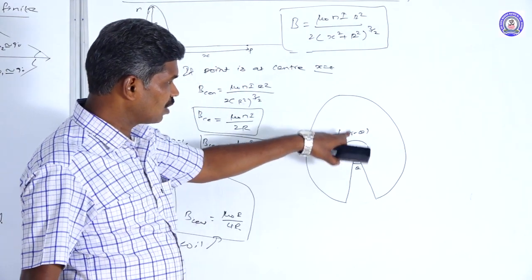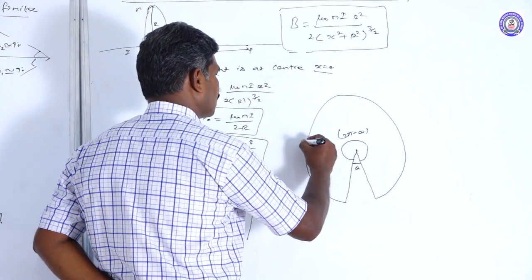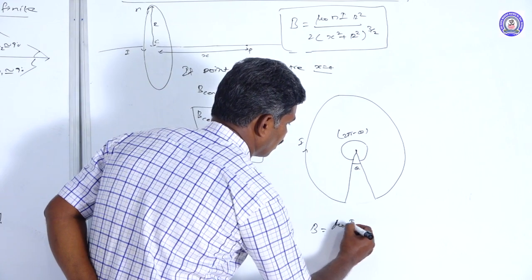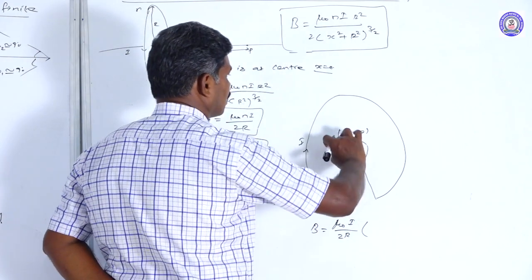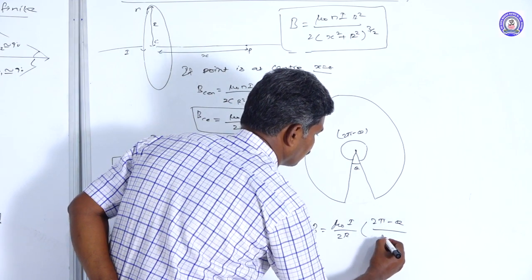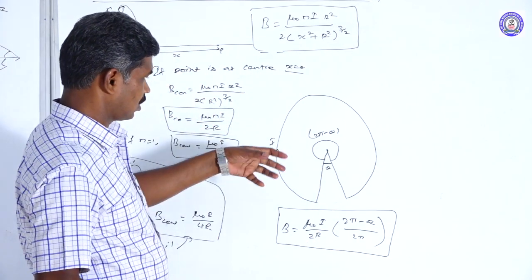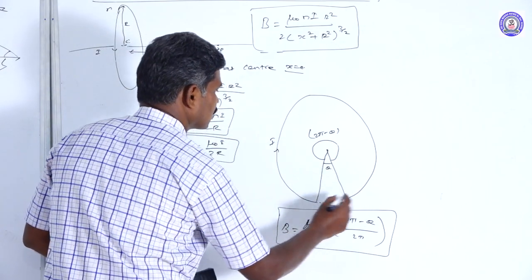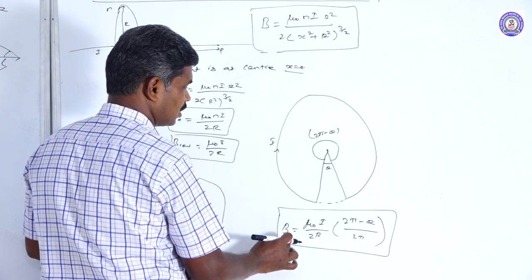For that, at the center of the circular coil, I want to find the magnetic induction due to the current.